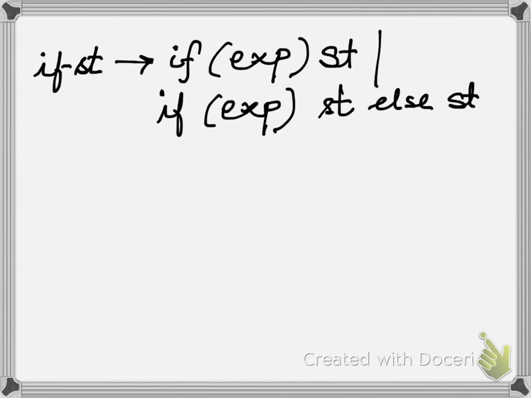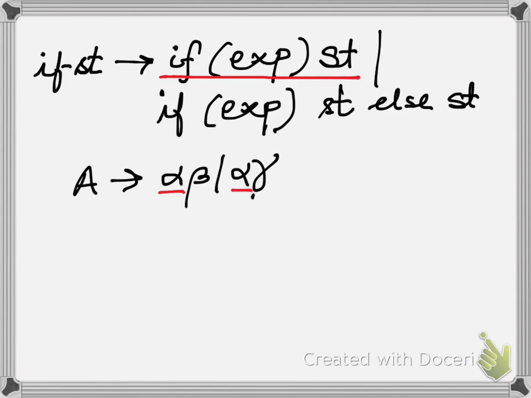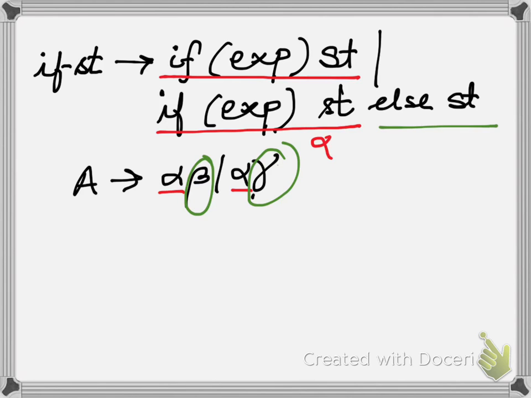This follows our same problem of alpha beta or alpha gamma. Here our alpha is this whole part: if expression statement. Beta, in this case, is epsilon, nothing more. And gamma here is our else statement.